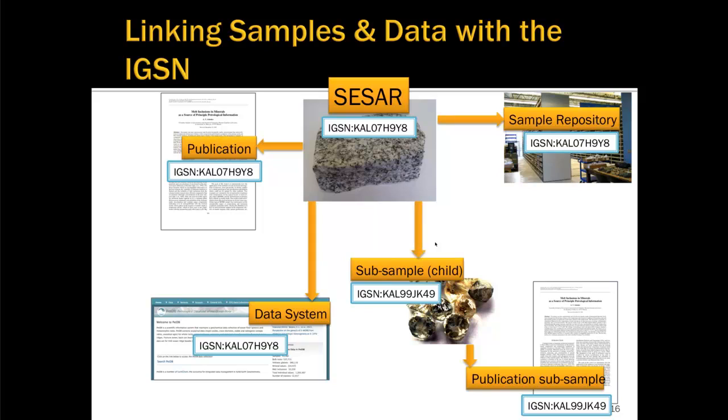To mention clearly here is that, as you can see, the IGSN of the child is completely different from the IGSN of the parent. Again, the analogy with the social security number, there is no information in the IGSN. Naming connections between samples and subsamples would have to be done through personal and institutional naming protocols.